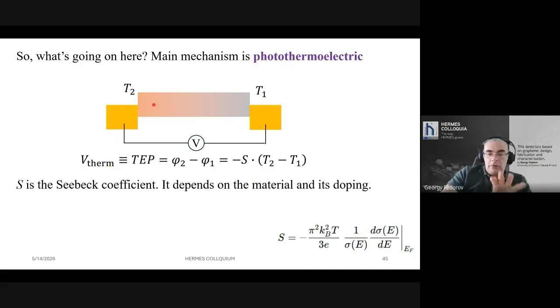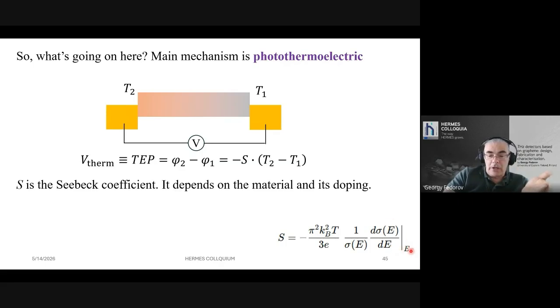So if the channel is uniform, there will be a voltage proportional to the difference in temperatures. The proportionality coefficient depends on the material and its properties. And if you can see from the formula below, it can be tuned by changing the gate voltage. This formula tells us this because with gate voltage, you change the E_F value.